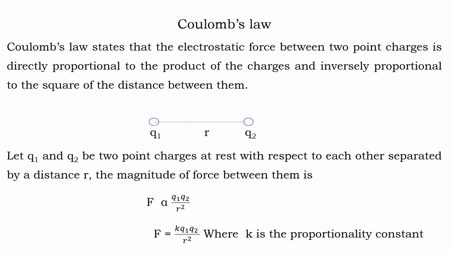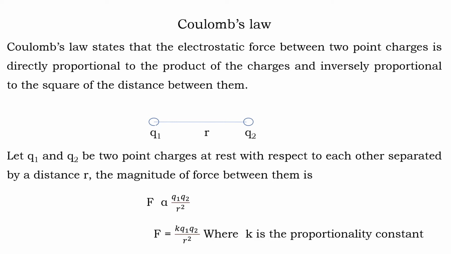In 1785, Charles Augustin de Coulomb made a systematic study on forces between charged bodies. The motivation behind this study was Newton's law of gravitation. Coulomb measured the electrical attraction and repulsion quantitatively and deduced the law that governs them, called Coulomb's law.